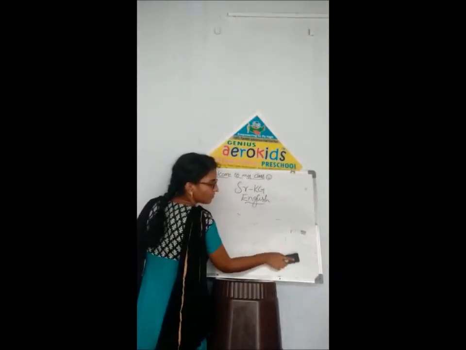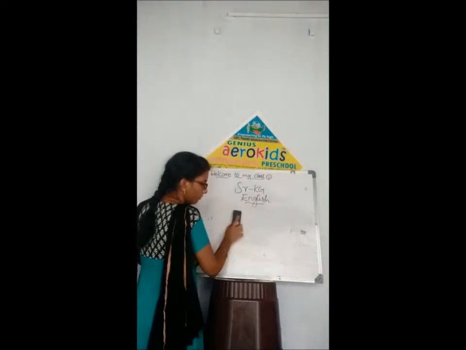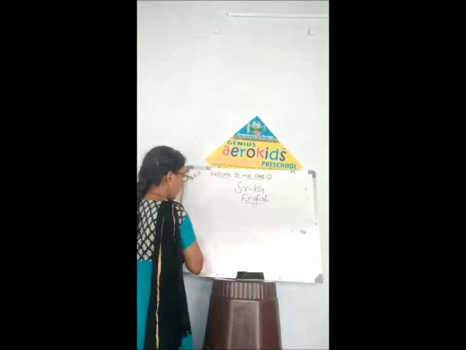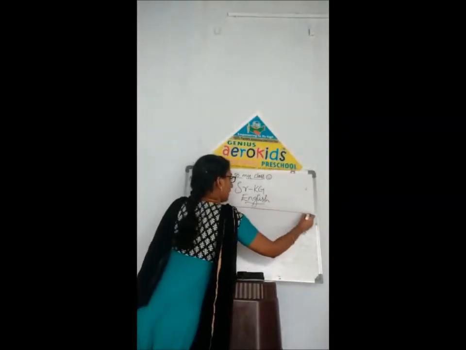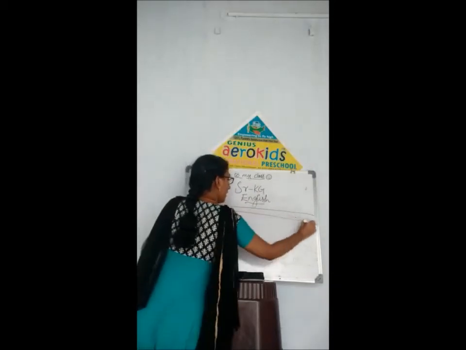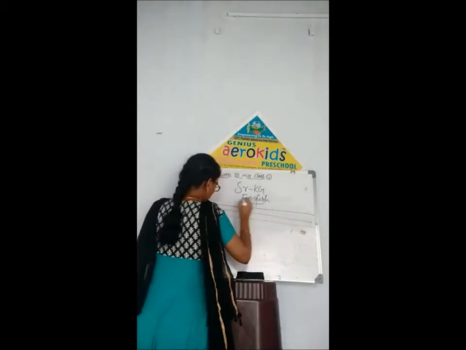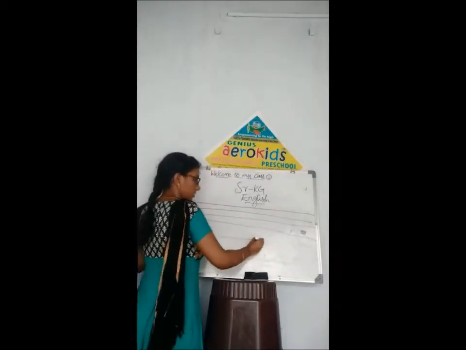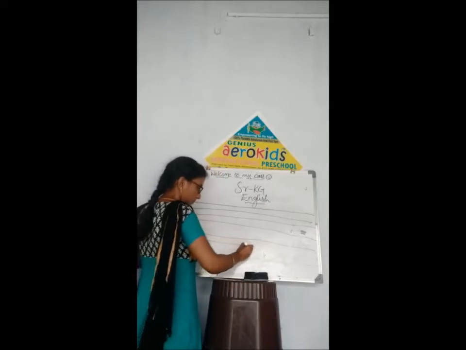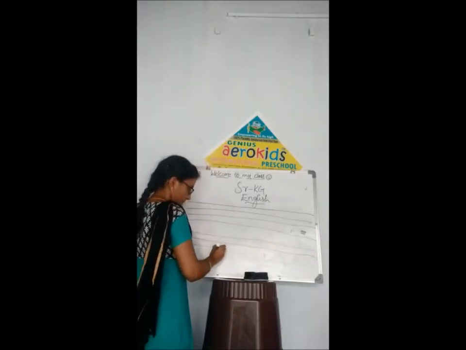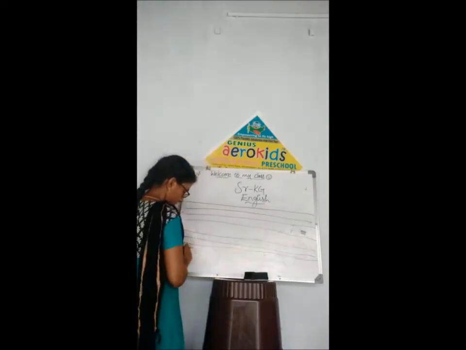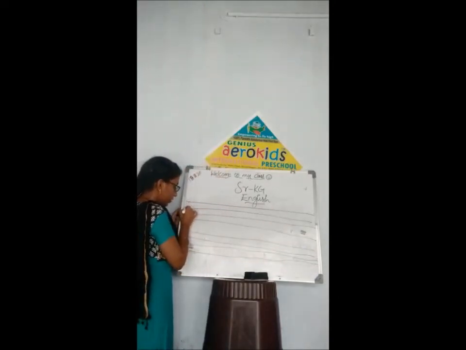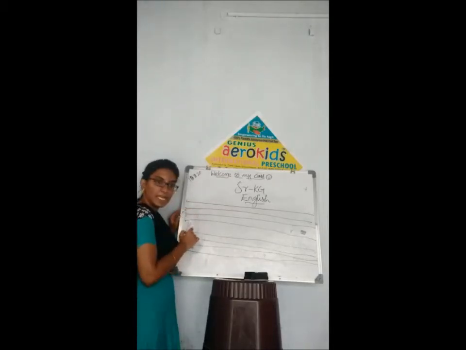You have a 4 lines note with you all, right? Take the 4 lines note. Take your pencil, sharpen your pencil. Keep an eraser with you, okay? We are going to write cursive A. Take the cursive note, 4 lines note. 1, 2, 3, 4. 4 lines you have, right?